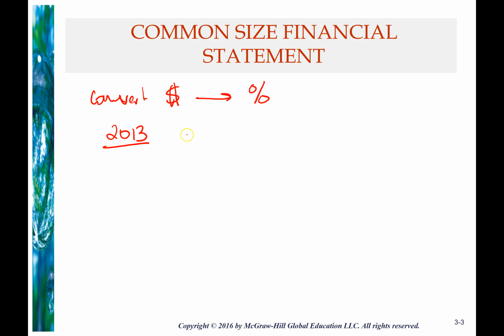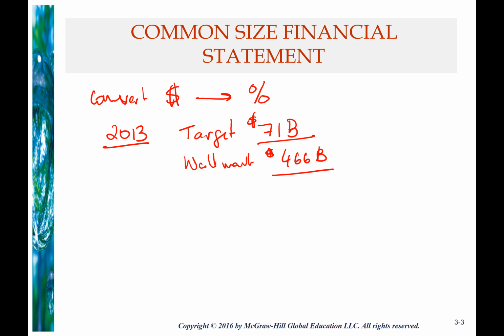So in 2013, historical data, Target had revenues in the amount of $71 billion. And Walmart had revenues of $466 billion. So right there, if you're trying to compare Walmart and Target on a dollar basis, you will automatically say that Walmart is performing better. While it's not true, because they're a different size.